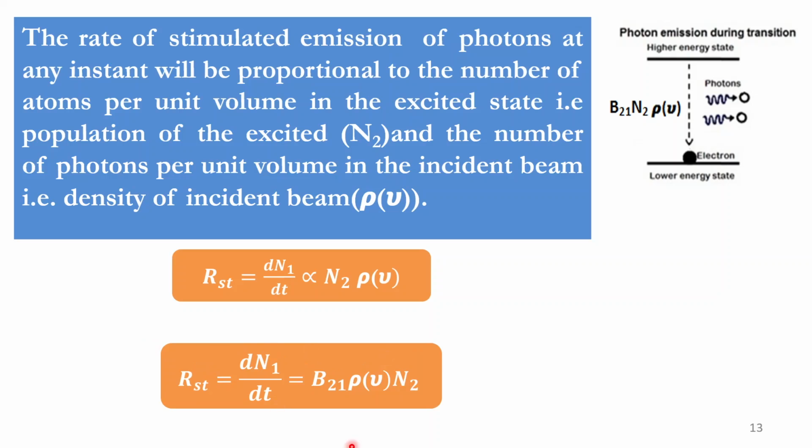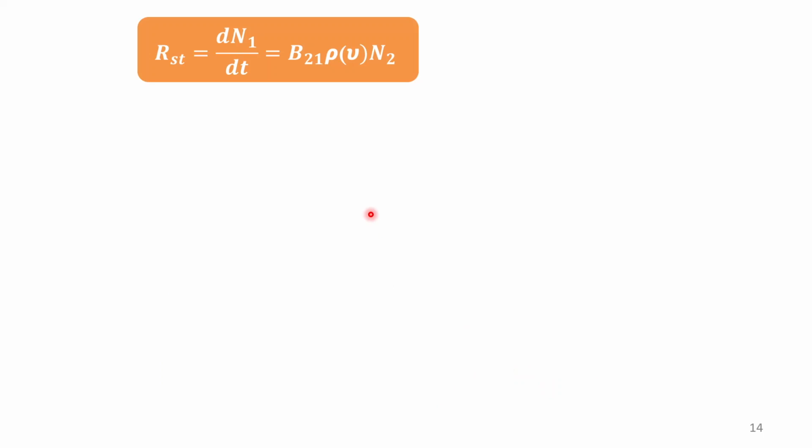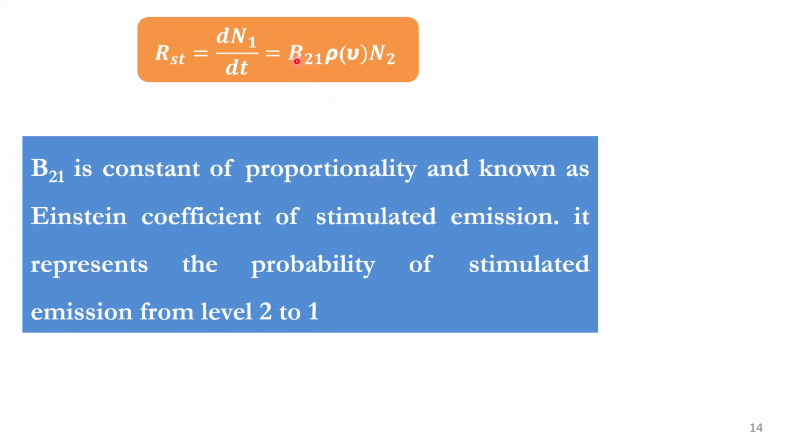Therefore dN1 by dt is equal to B21 into rho of nu into N2. Here B21 is the constant of proportionality and is known as the Einstein coefficient of stimulated emission, and it represents the probability of stimulated emission from level 2 to 1.